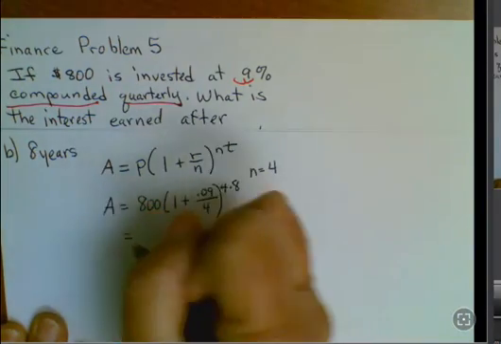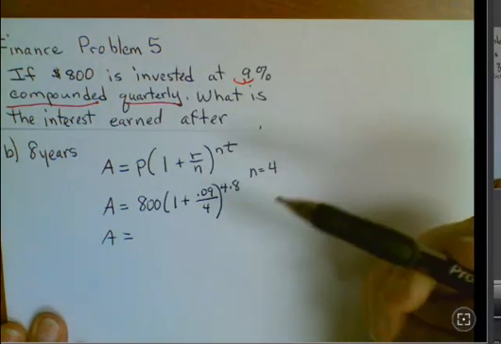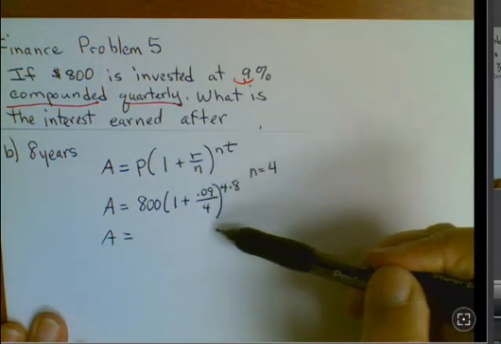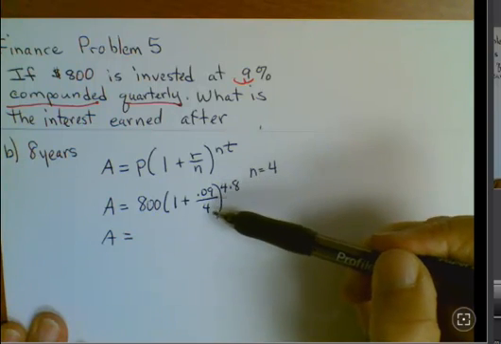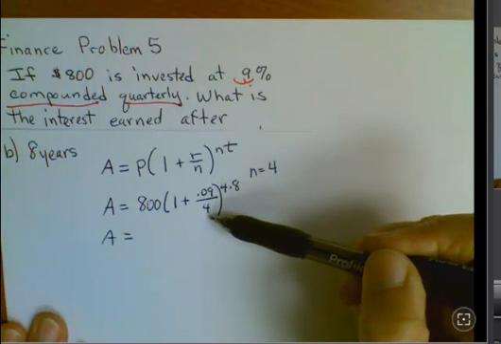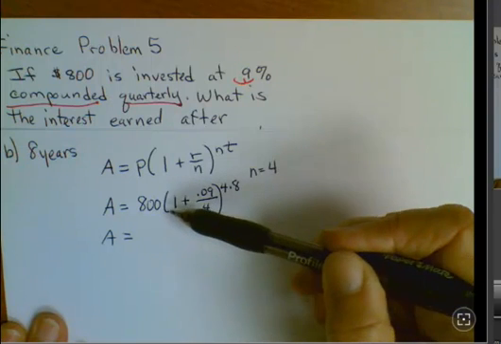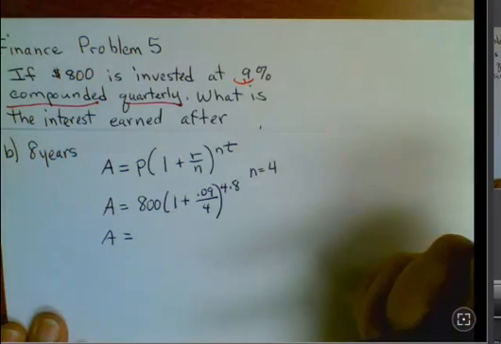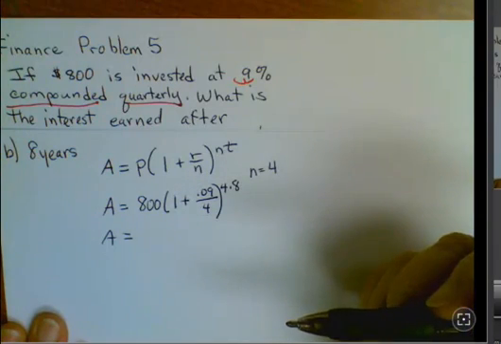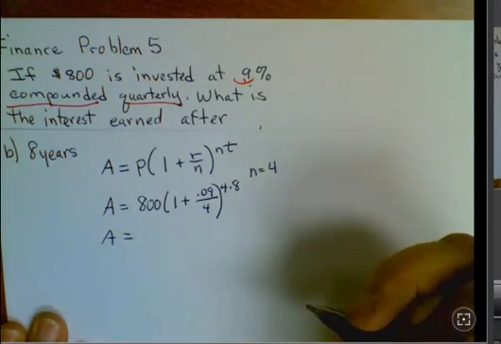So in my calculator, I'm going to start in the parentheses. I'm going to do 0.09 divided by 4. Leave it sitting in your calculator. Add 1. And I get 1.0225.